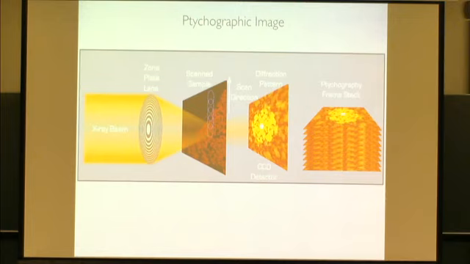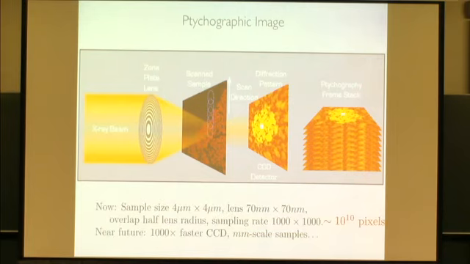Before we go to the detail, I will show you some numbers so that you have a feeling about this experiment. This is the current experiment. The sample size is about 4 micrometer by 4 micrometer. The lens size is about 70 nanometer by 70 nanometer. And when we move the lens, the overlap is about half lens radius. The sampling rate of the diffractive pattern is about 1,000 by 1,000.